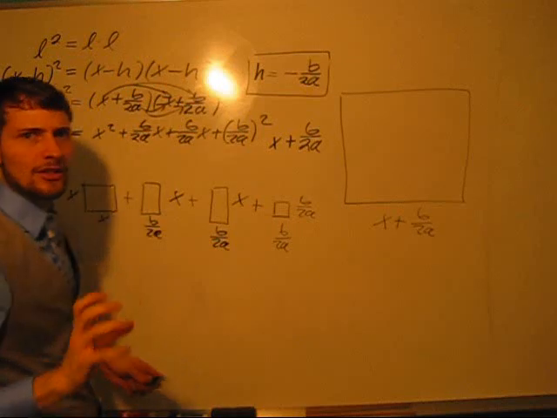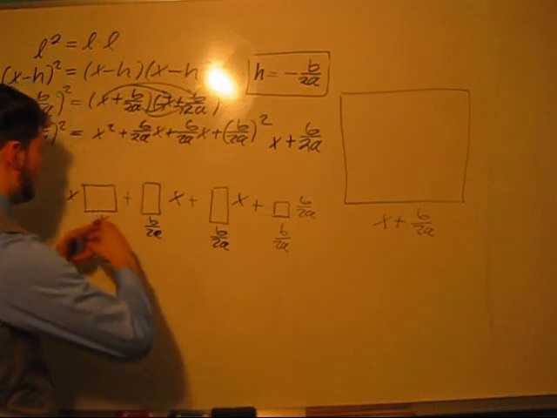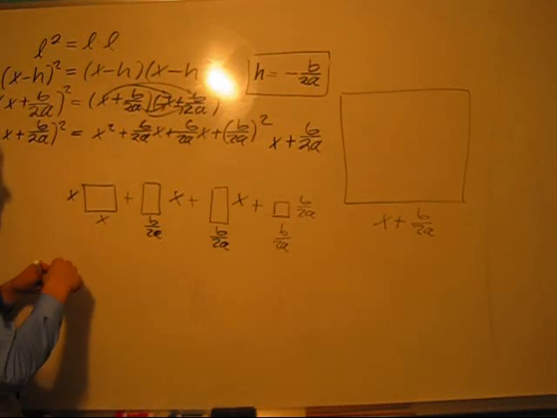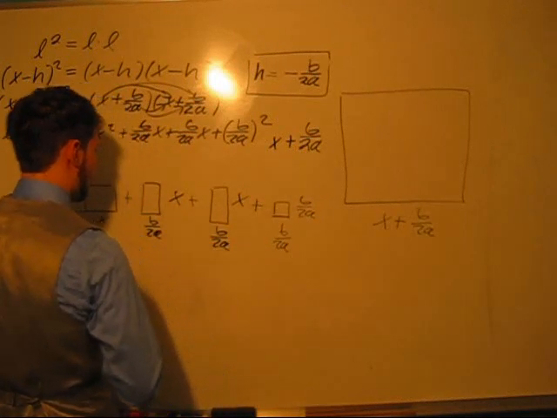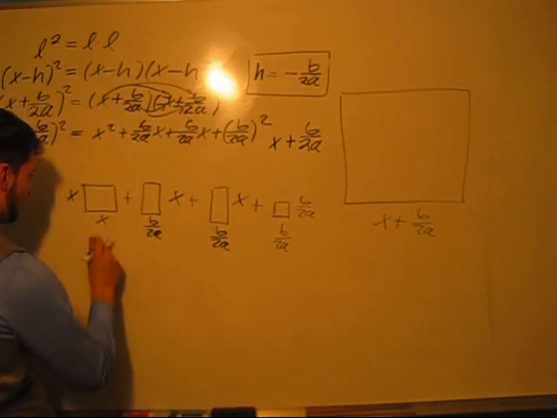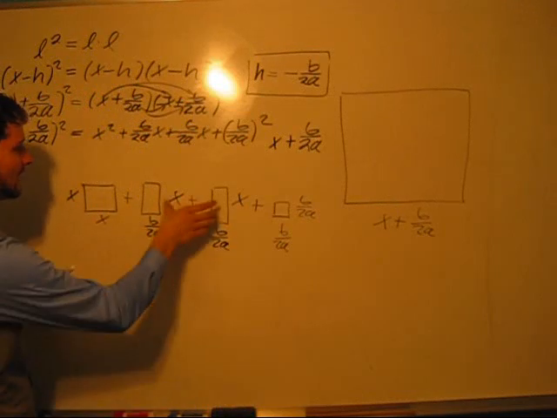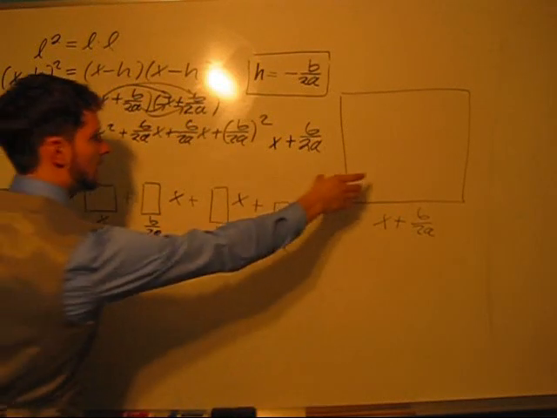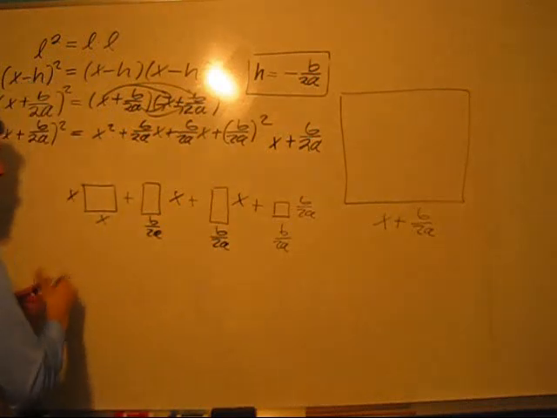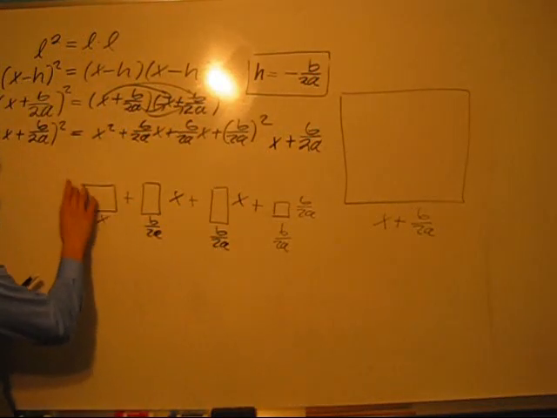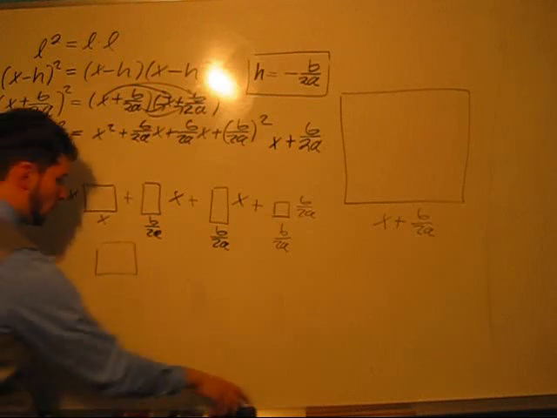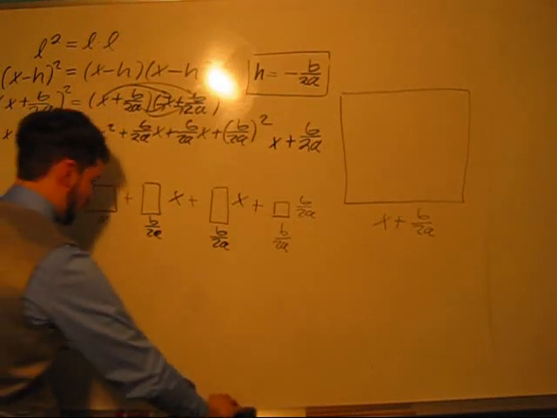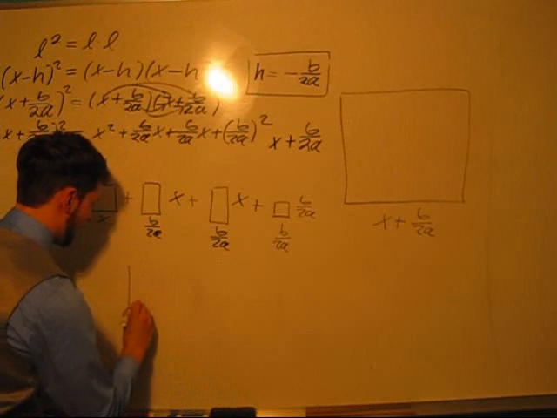How might we actually show this to be true? This is where the definition of a perfect square actually comes into play, in that geometrically we might interpret this as follows. How could we fit these pieces together in such a way that they would form this shape, a perfect square? Well, observe that if we took this square, x by x, and I'm going to use different colors so as to distinguish one shape from another, this will be our x by x.